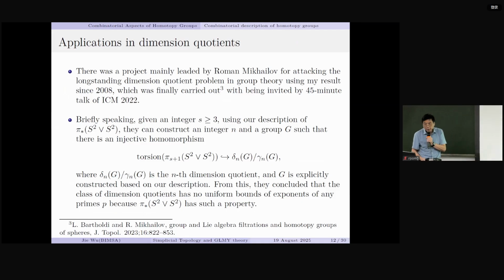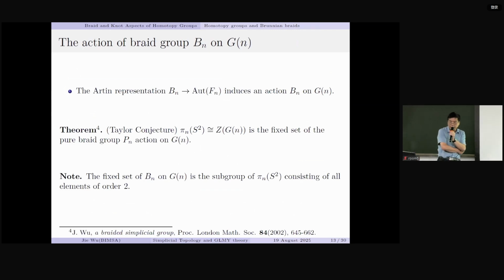Okay, so that's part of the dimension quotient. Now another direction I will try to move to is how we go to the braid group. Along this direction, you look at the Artin representation of braids into the automorphism group of a free group.